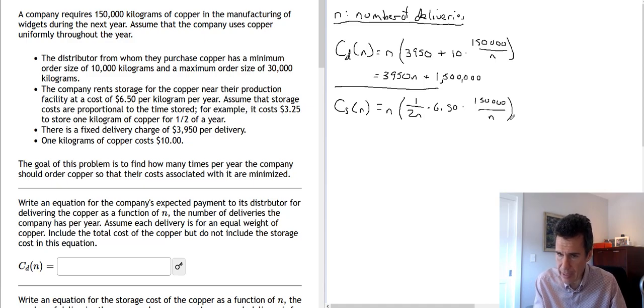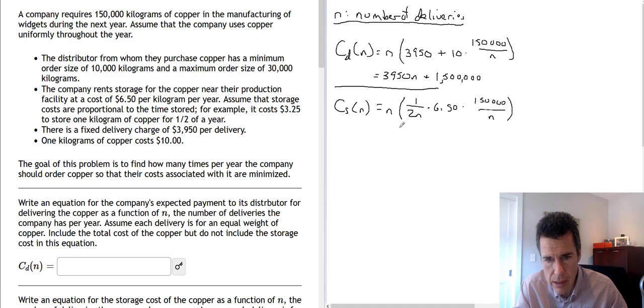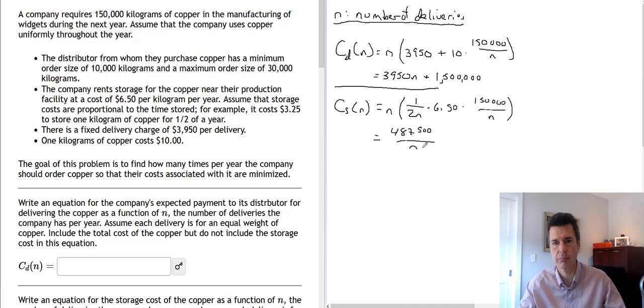We're going to end up with an n in the denominator, and in the numerator we've got 150,000 times 6.5 divided by 2. So the storage costs are 487,500 divided by n, just multiplying everything out.